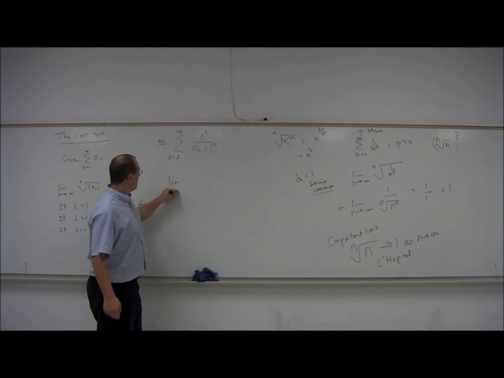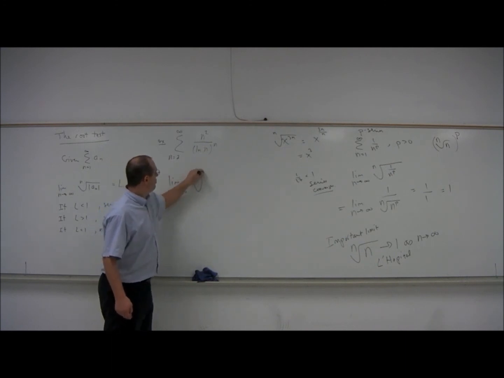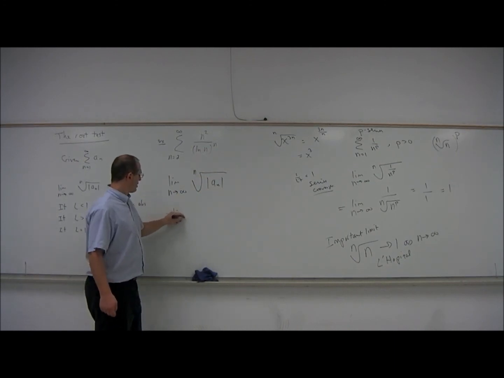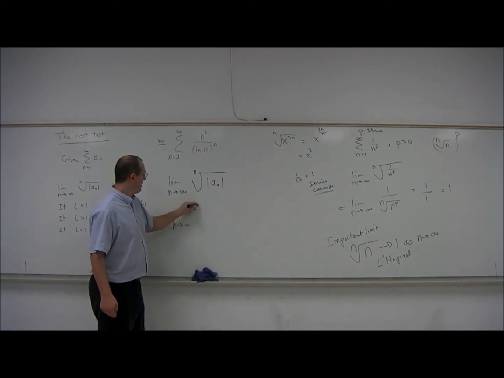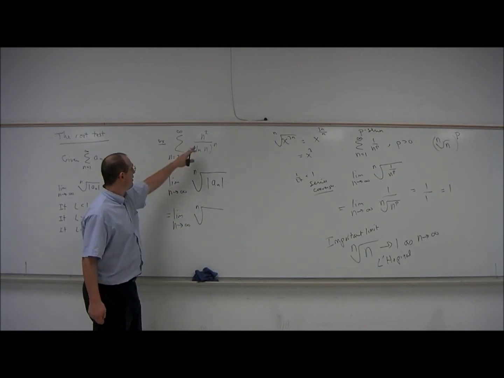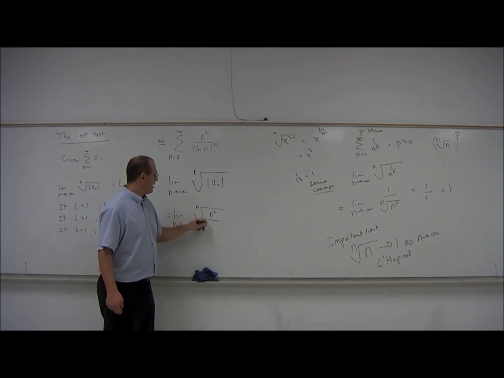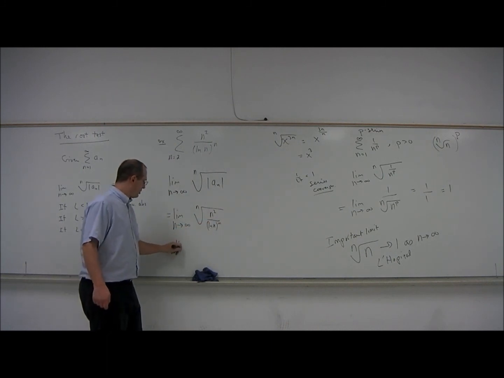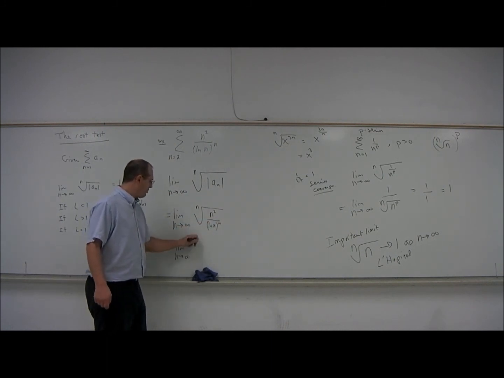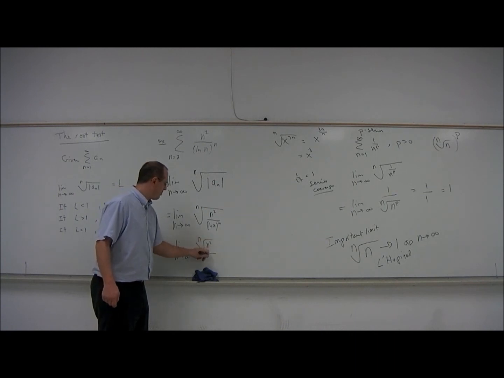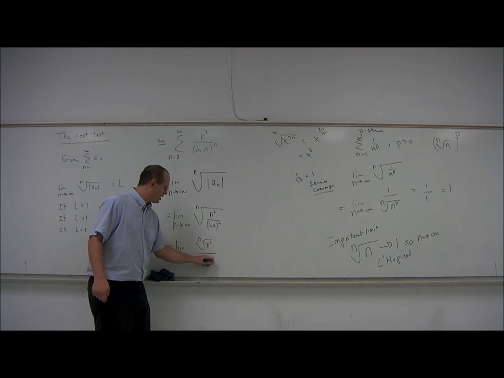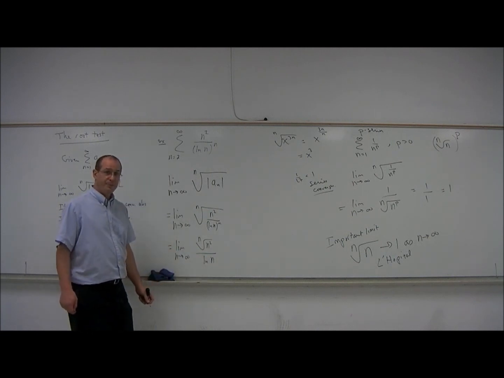The limit as n goes to infinity of the nth root of the absolute value of a_n is the limit as n goes to infinity of the nth root of, our fractions are positive again, n squared over (log n) to the n. And we'll break this nth root up. It's the nth root of n squared on the top. And the nth root of (log n) to the n is just log n on the bottom.